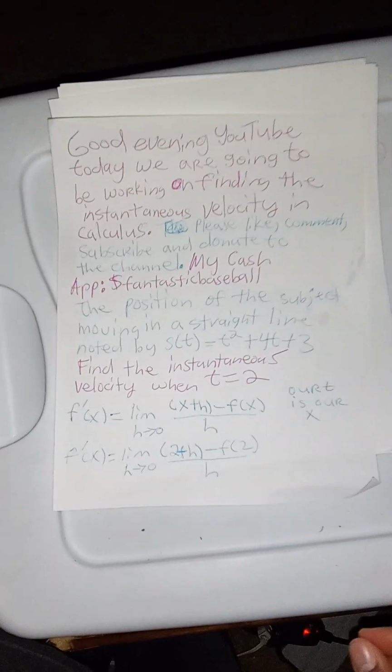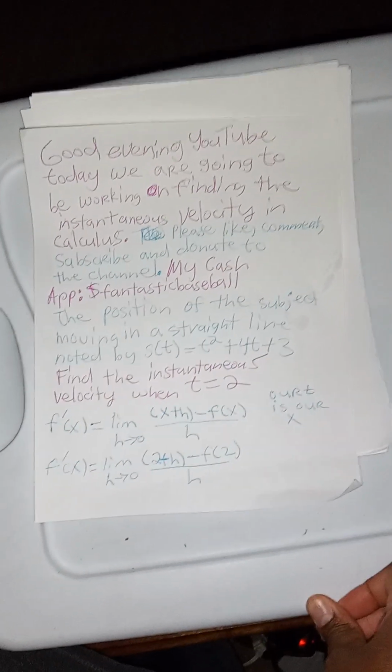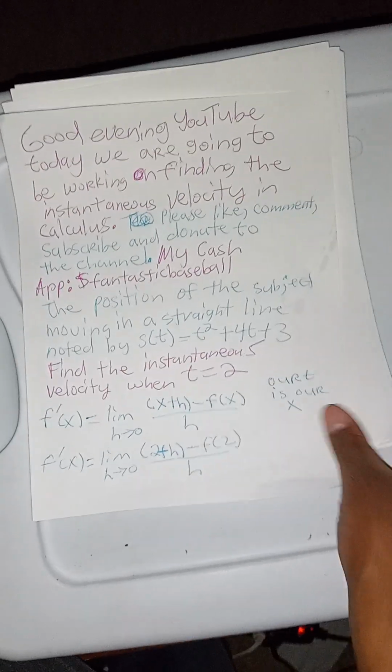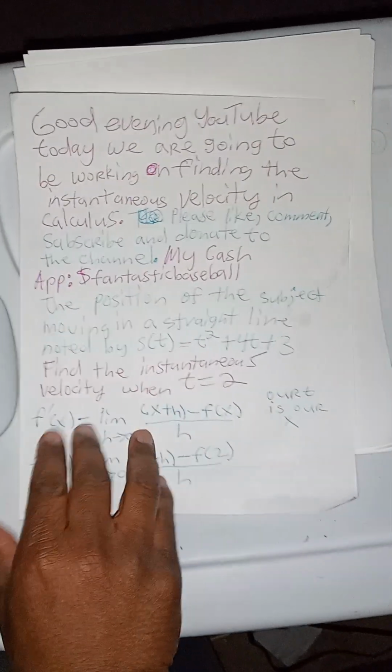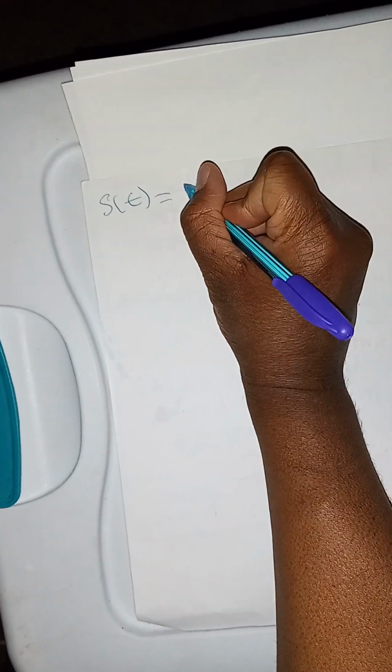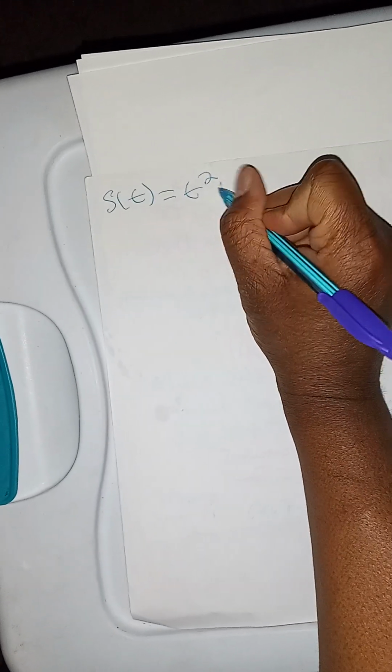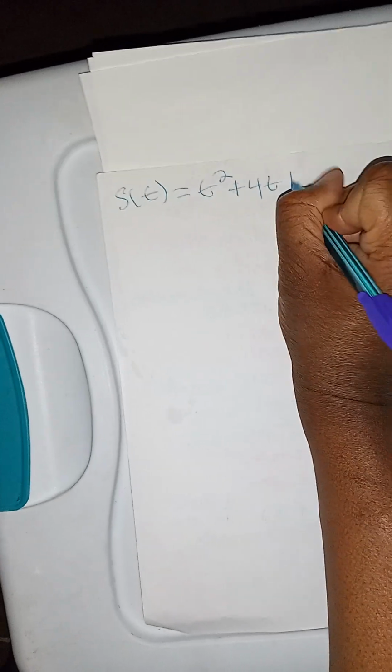So let's have that marinate for a little bit. So s of t is equal to t squared plus 4t plus 3.